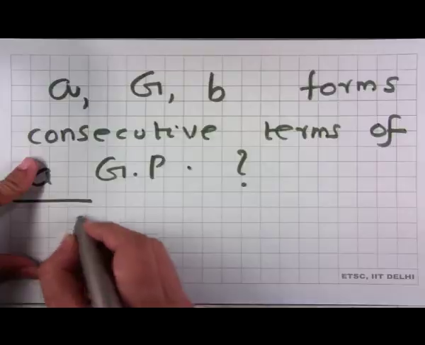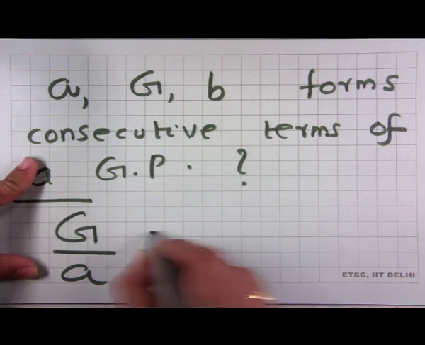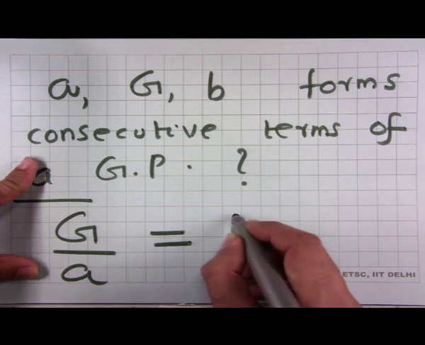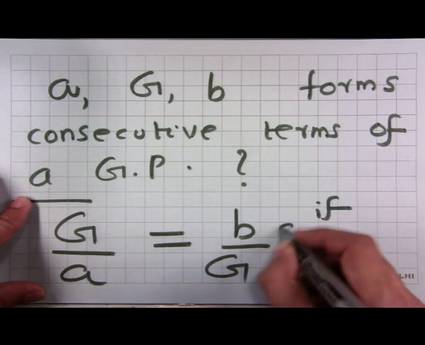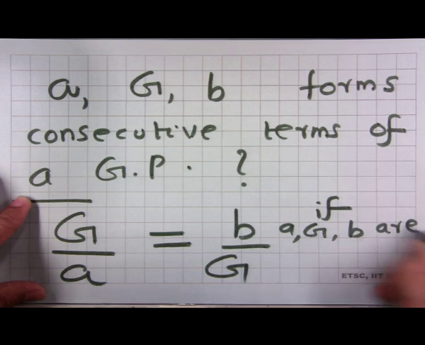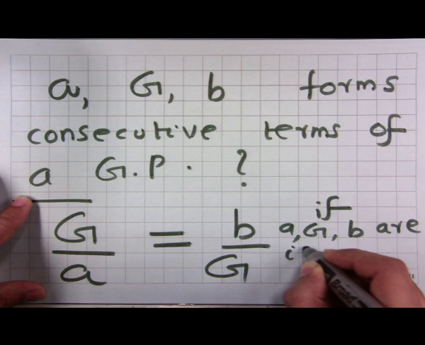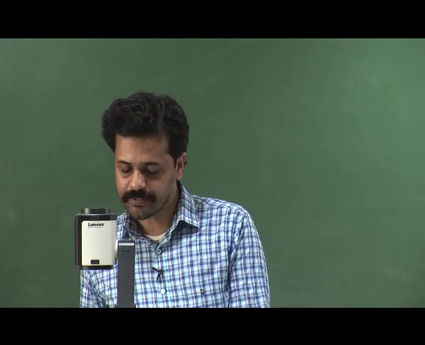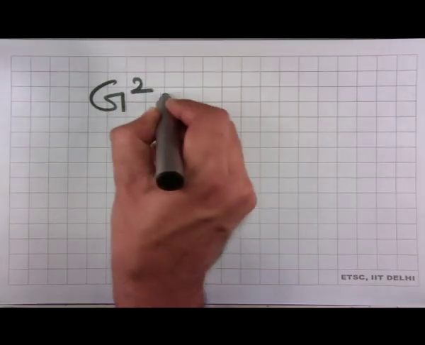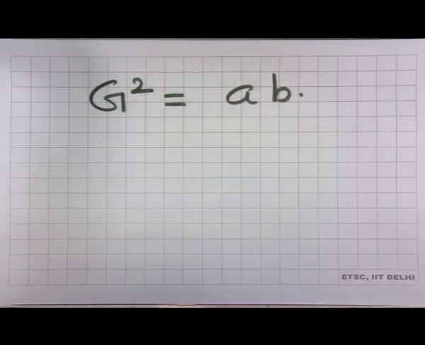That is, G by A coincides with B by G. If A, G, B are in geometric progression, that is equivalent to saying G square is equal to AB. So, we are asking the question, does there exist a number G such that G square is equal to AB?